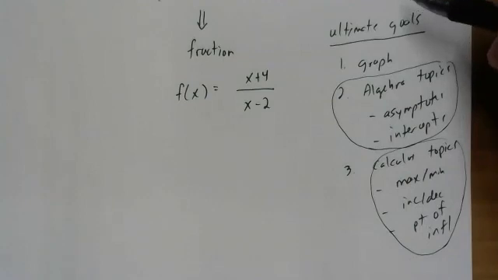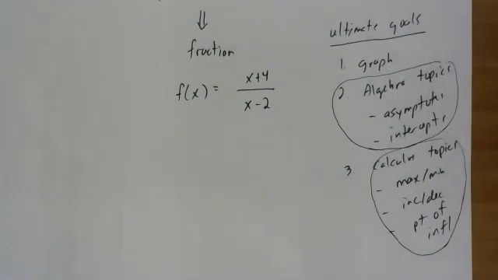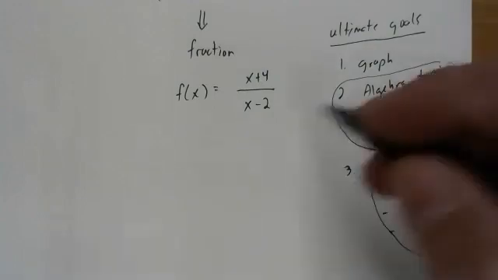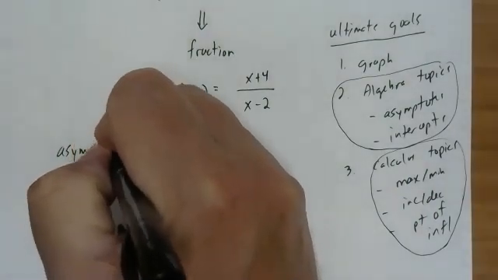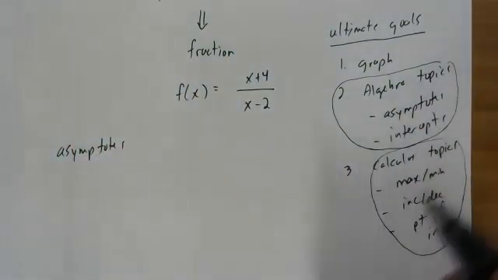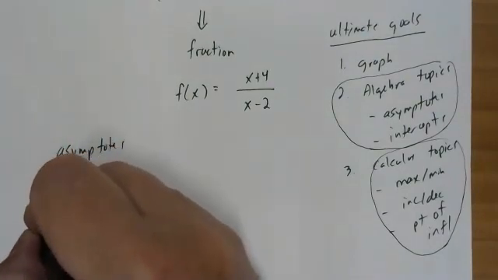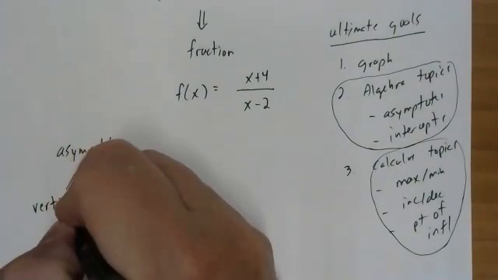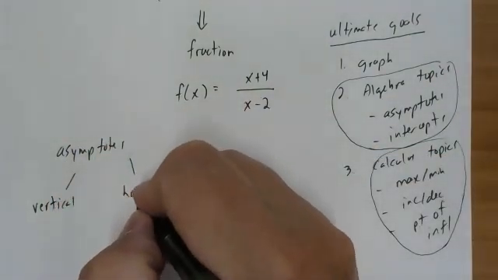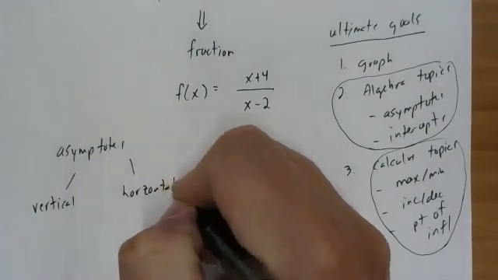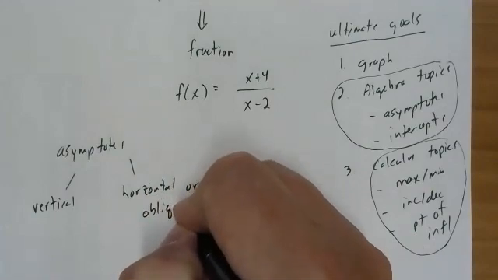So let's start in the book, and in your homework, they're going to start with algebra topics. And the first one's asymptotes. And real quick, this should be review. In my mind, it really breaks up into two: asymptotes, vertical and then horizontal or oblique.